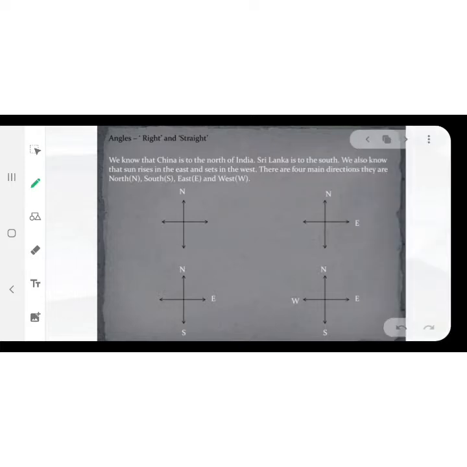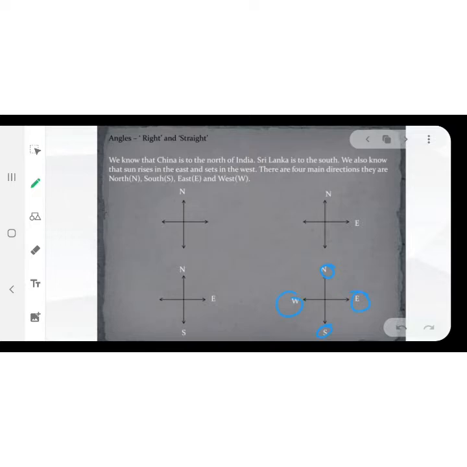Now before starting with angles, we have to see that angles can also be named according to the directions which we know. As we all know, there are four directions, that is north, south, east, west.